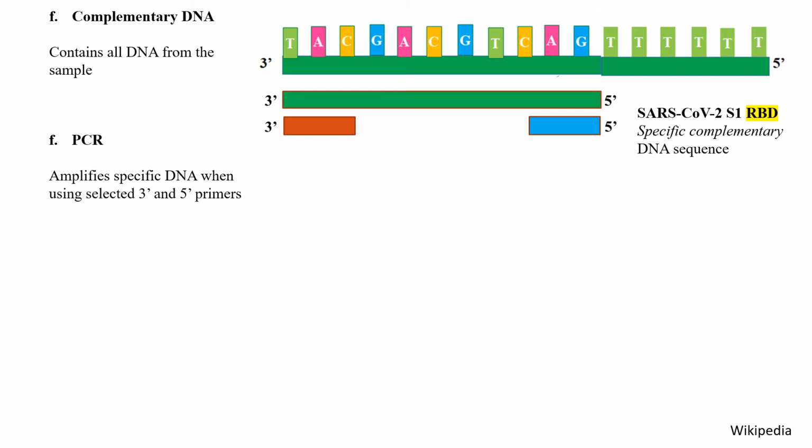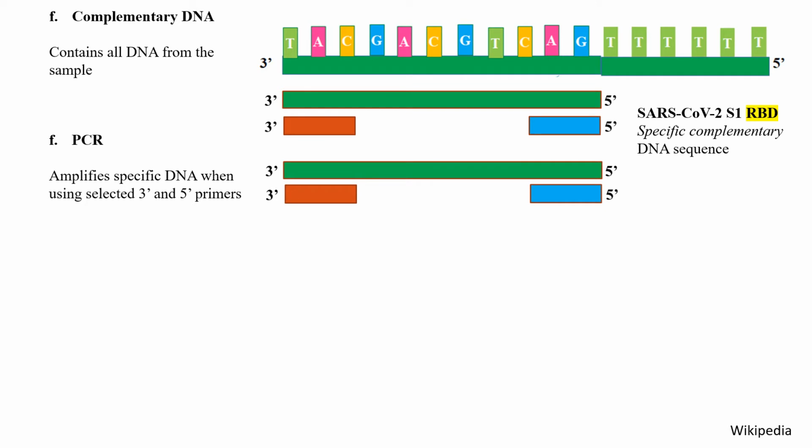So we start the transcription using the specific 3' primer, 5' primer. We put the dNTPs in the mixture with the polymerase chain reaction enzymes, and the dNTPs will bind exactly, continuing the sequence from the 3' and the 5' end, and will only amplify the SARS-CoV-2 message.